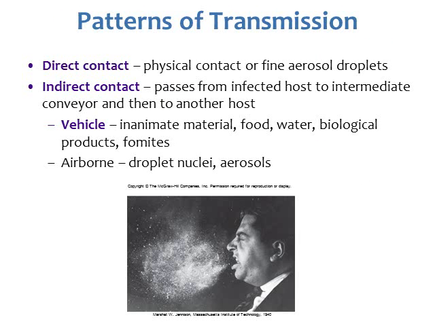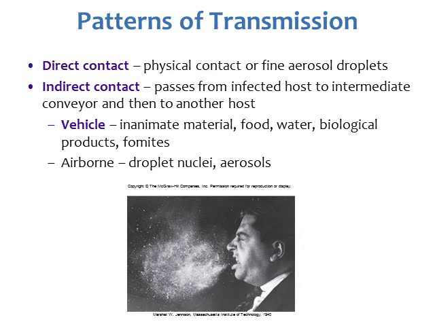So there are different patterns of transmission, so how these infectious agents can be passed from one person to another. It can be passed by direct contact, so that's physical contact, or if you have fine droplets spreading through the air, that's direct contact. Usually this is done by touching one person, so you're directly contacting each other, physical contact.